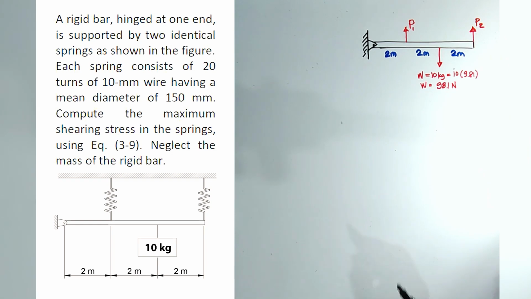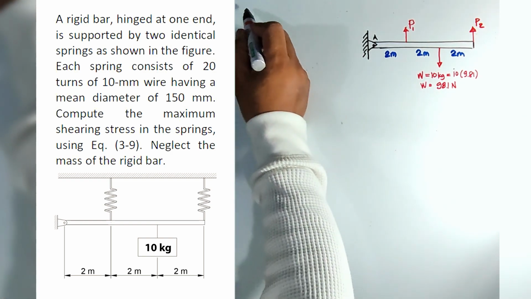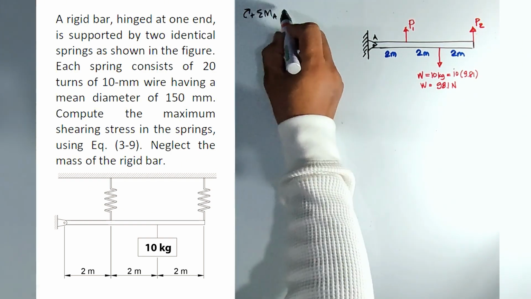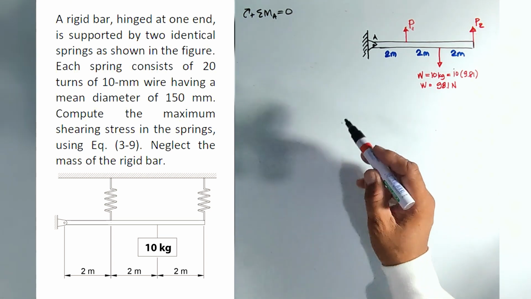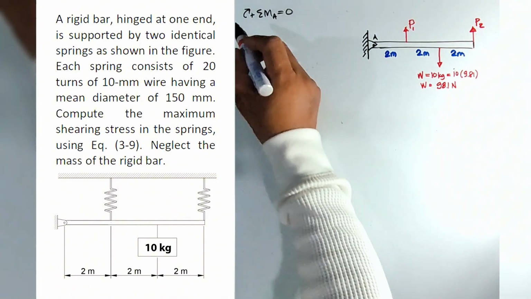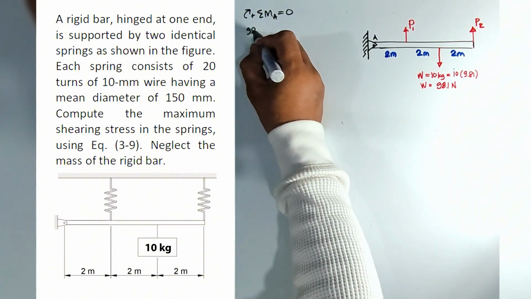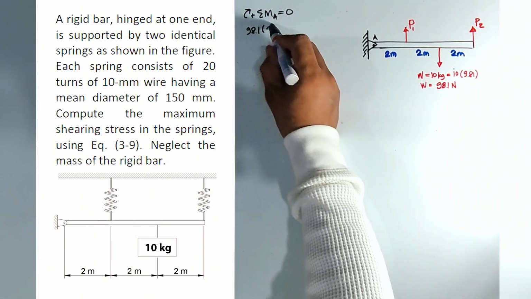Okay, so let's call this point A, and then we sum up moment at point A equals 0, clockwise moment as positive. Clockwise moment about A will be created by this, so that's positive 98.1 multiplied by the moment arm of 4.